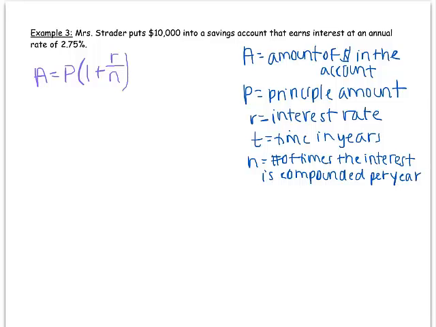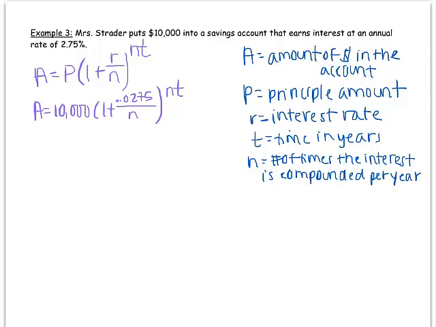Then I'm going to raise that to, again, the number of times per year that happens times the number of years. So in my case here, A equals 10,000 times 1 plus, we're going to turn that 2.75 into a decimal, 0.0275, over N, raised to the NT.